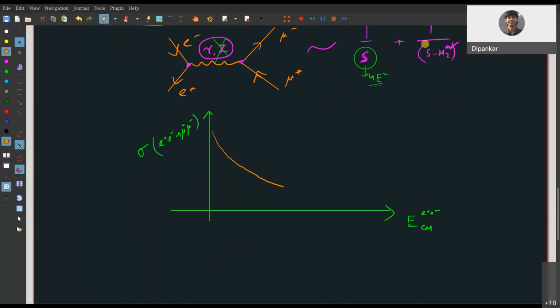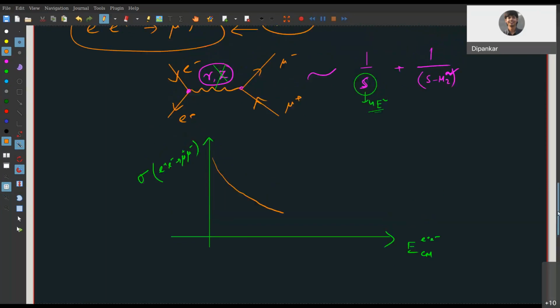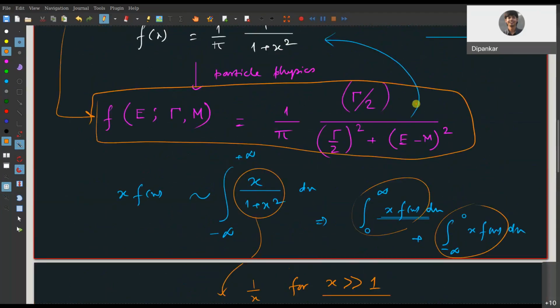Then if there is a Z boson, you have a dependence like this, and in the neighborhood of the Z boson, the cross section will behave like this. It will have a maximum at E equals m, and it will have a width of gamma. The more the gamma, the more spread it will be, and it will be peaked at E equals m.